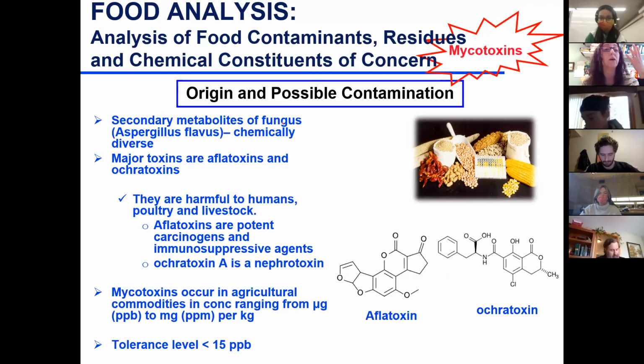Sometimes you don't see the fungus, but it could be there. Sometimes you have fungus, but the toxin is not necessarily there. So if there is any chance that it could be there, there has to be testing, not relying on visible fungus presence or not. In most cases, tolerance levels are really, really low, less than 15 parts per billion.